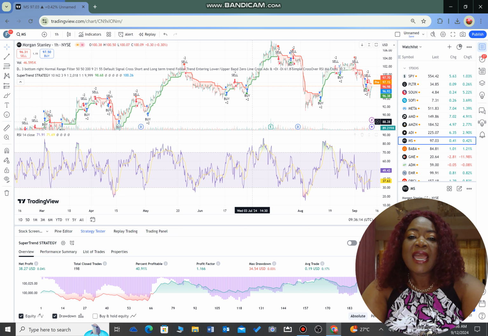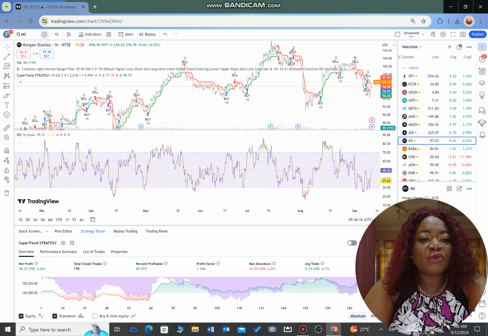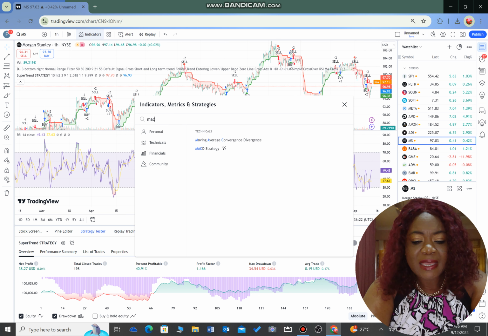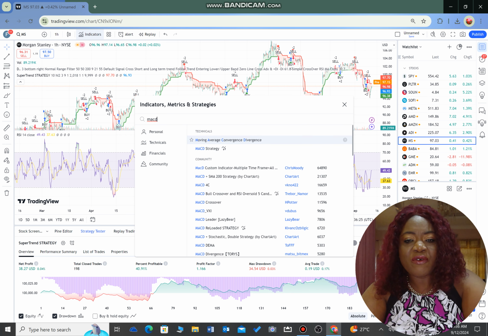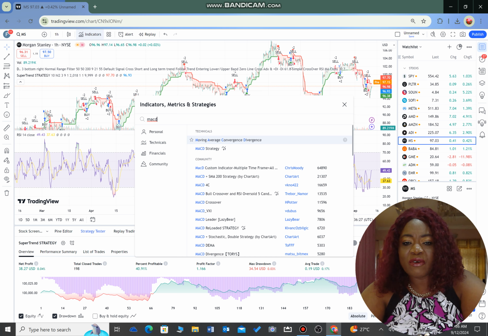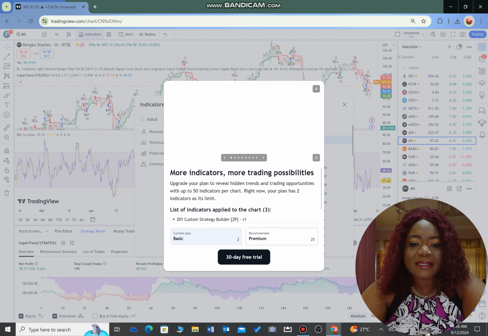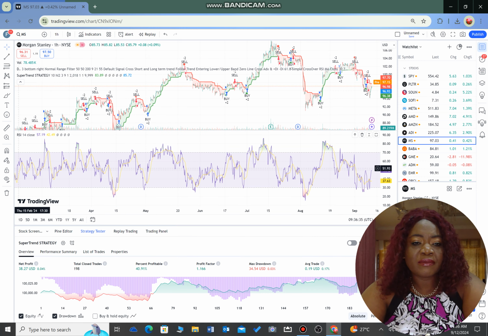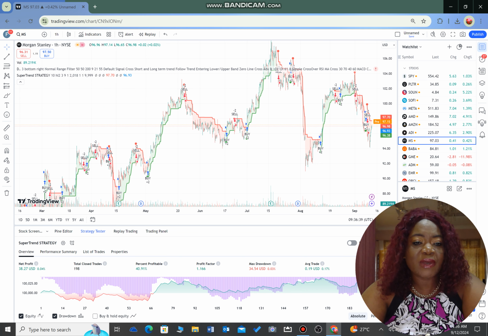The other one that we want to look at is the MACD, the moving average convergence divergence. You go and look for it and apply it on your chart. Because I'm using the free version, it will not allow us to add to it, so I need to delete this one. Then we can add MACD.